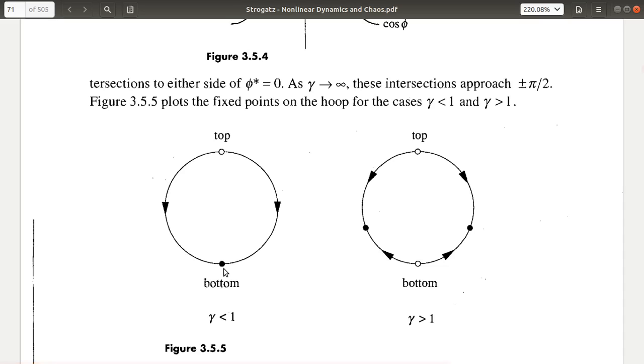I slowly increase the speed, increasing omega, so that at one point gamma is greater than 1. At that time I get 2 more solutions, which is this one and this one. Once again, these 2 solutions are the same, so let's just consider this one. If you notice one more thing, this becomes unstable and this becomes stable.